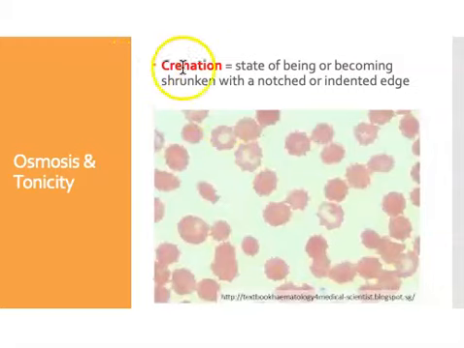This is called crenation. Crenation is defined as this state where a cell becomes shrunken and develops a notched or indented edge. That's a good way to think about it. It's notched, it's indented, it's collapsing in on itself.